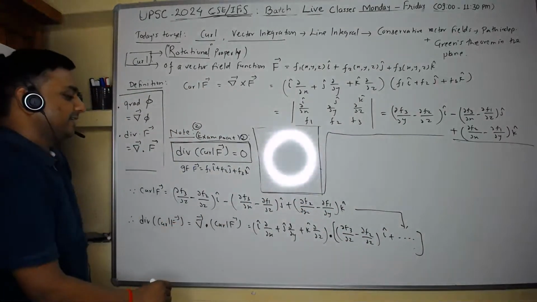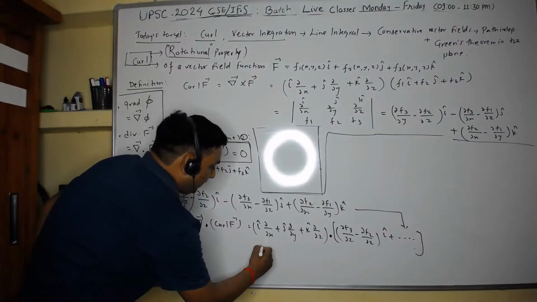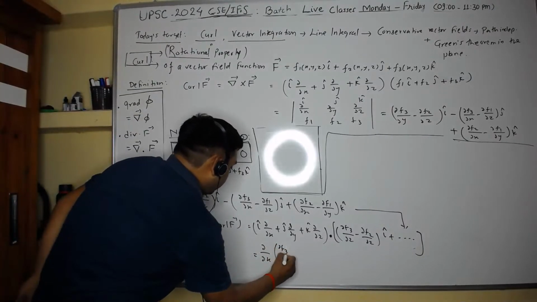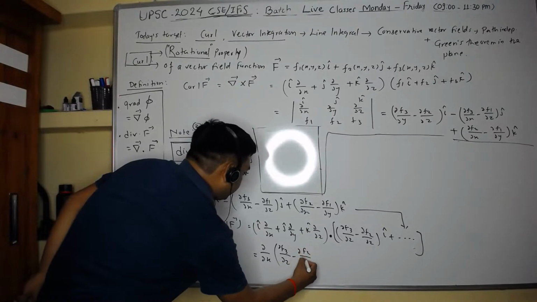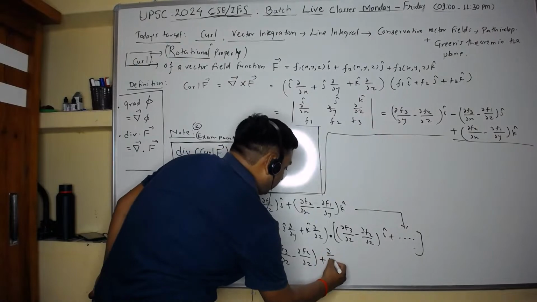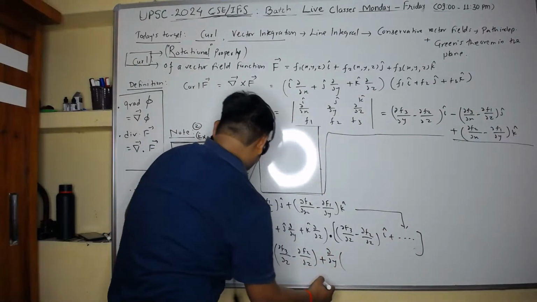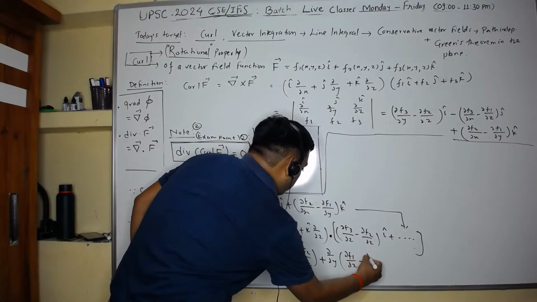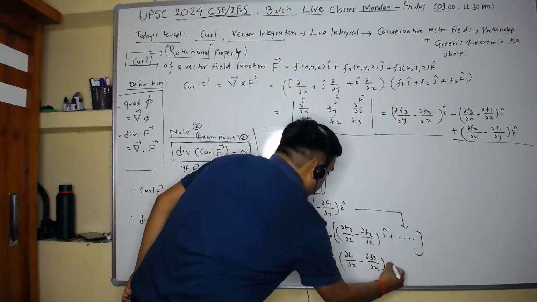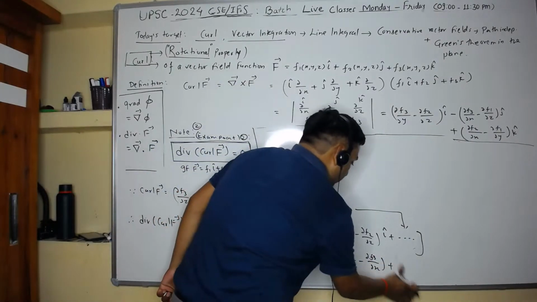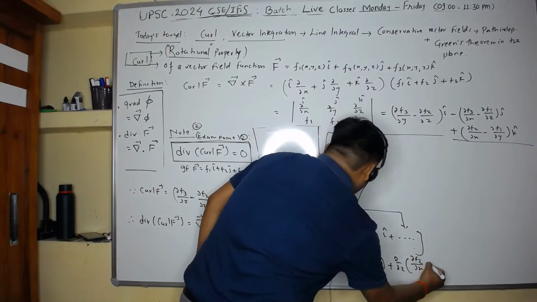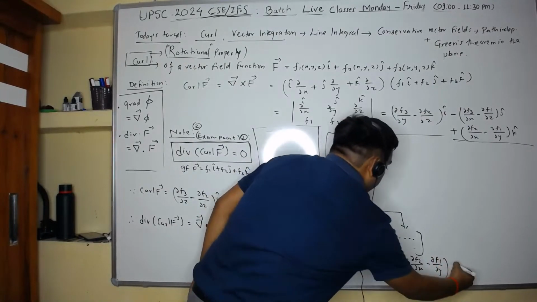Now if you observe, this will be ∂/∂x of the first expression, that is ∂f3/∂y minus ∂f2/∂z, plus ∂/∂y of the second expression, that is ∂f1/∂z. Just this minus sign is managed with this, so don't confuse. The other is ∂/∂z of ∂f2/∂x minus ∂f1/∂y.